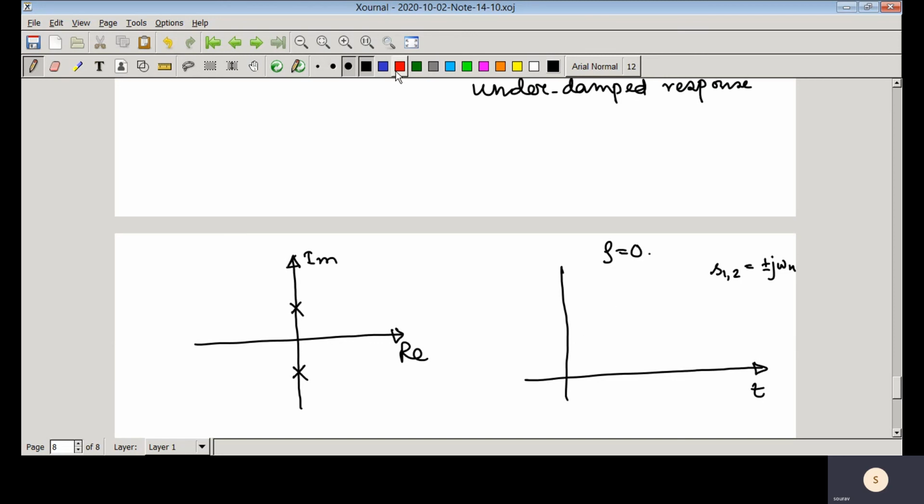So then if you apply that step input, it keeps on oscillating, and that oscillation is the natural oscillation, you know, that omega n. So this is actually the undamped case.